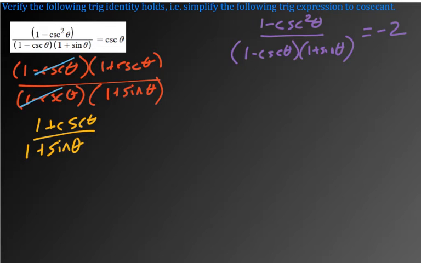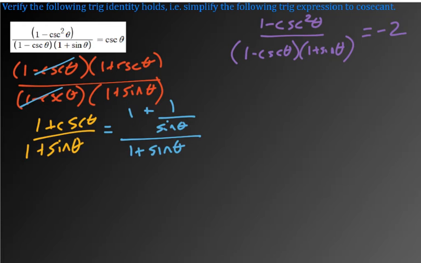And then, nothing you can really do here except maybe try to write it in terms of what cosecant is. And I think you will see where this is going once I do that. So cosecant is 1 over sine theta, right? And so we really have 2 terms here that I could combine into one fraction.